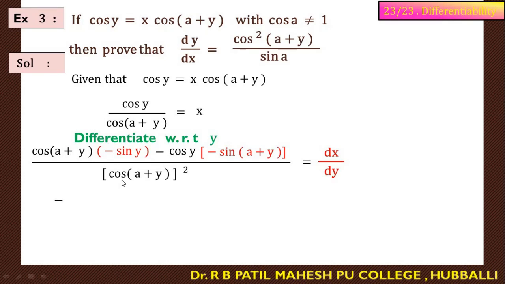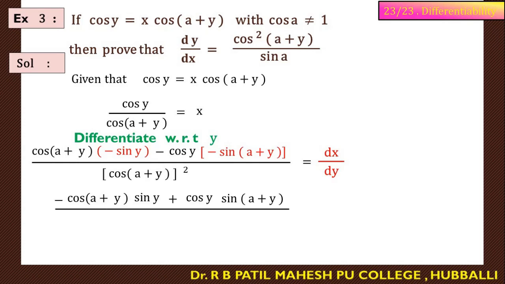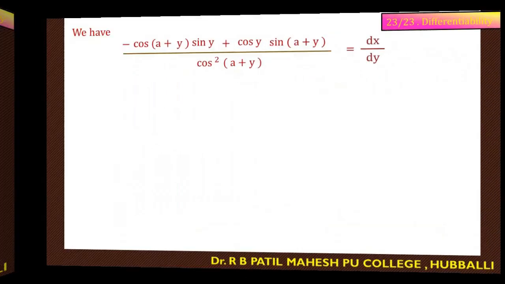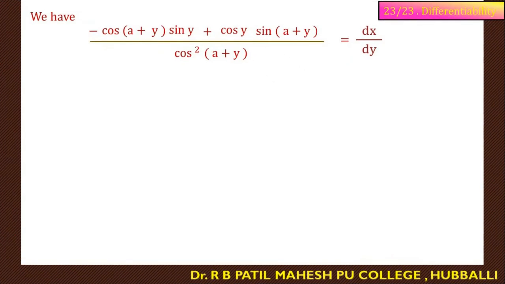Next, I write this minus first: cos of a plus y sin y, and this is plus because minus into minus is plus, cos y sin of a plus y, whole divided by cos square of a plus y, is equal to dx upon dy. So let me keep this as it is. We have this equation.